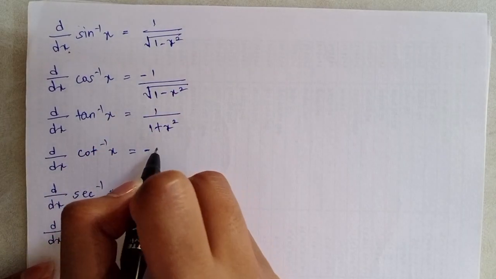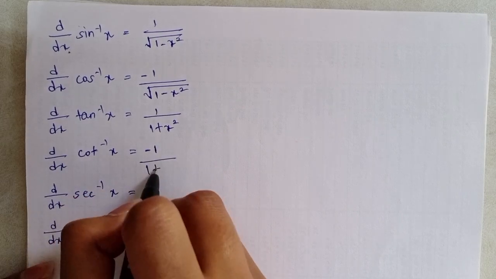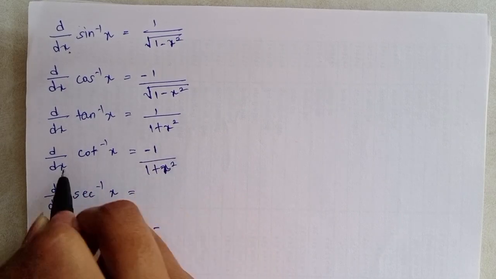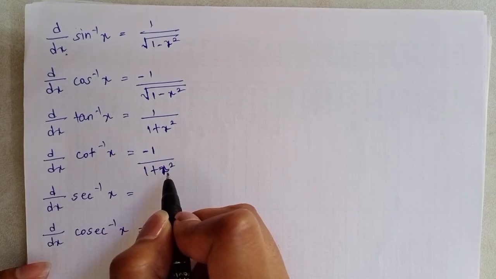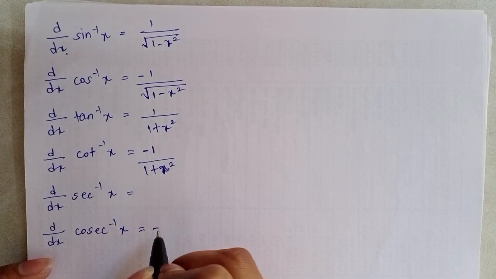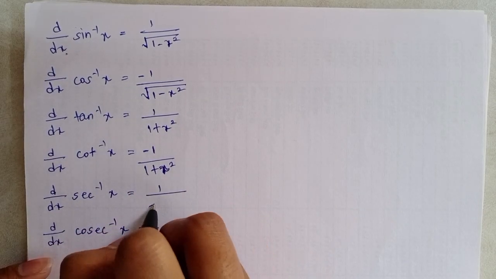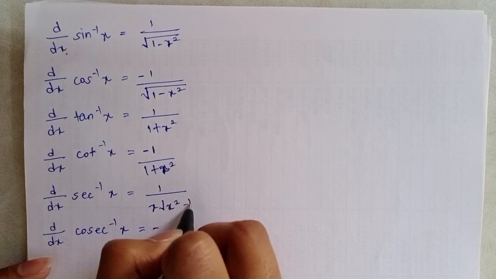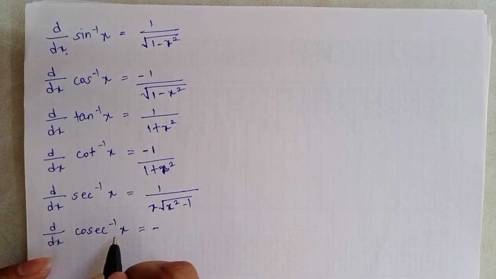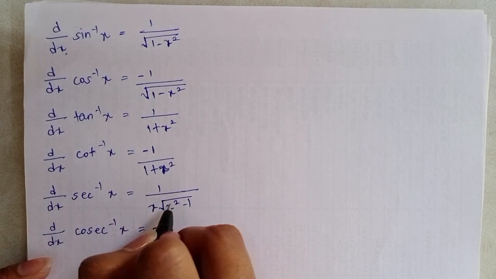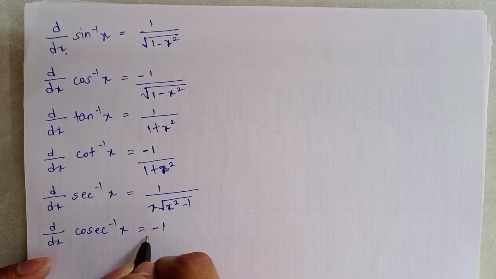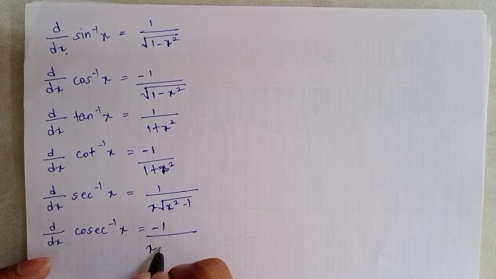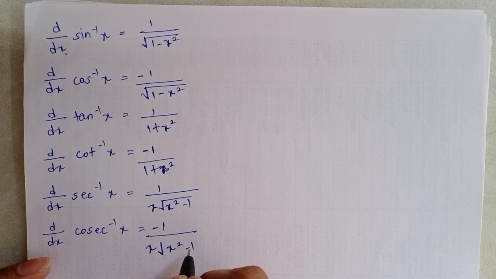For cot again the same answer, but it is negative. So derivative of cot inverse x is minus 1 by 1 plus x square. Derivative of sec inverse x is 1 by x under root x square minus 1. For cosec, the same answer as sec inverse, but it's negative. So minus 1 upon x into under root of x square minus 1.